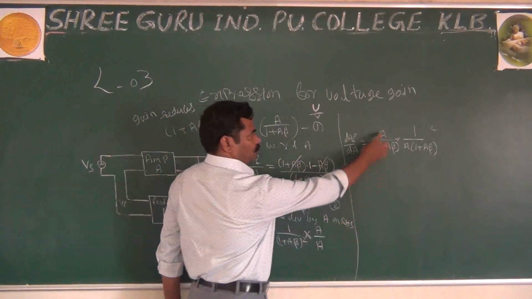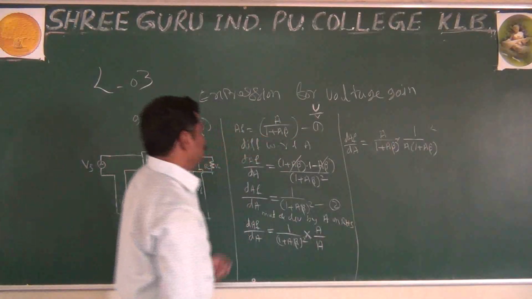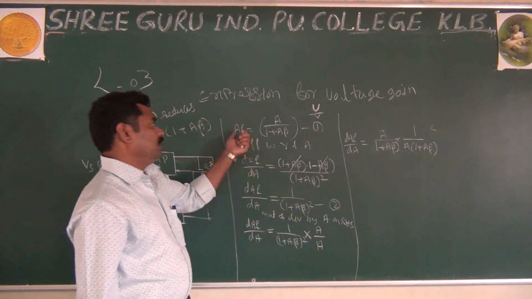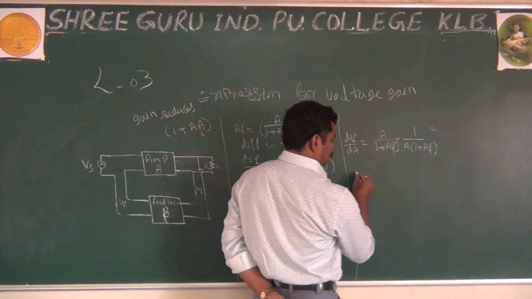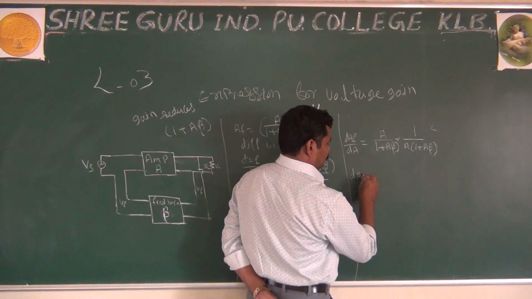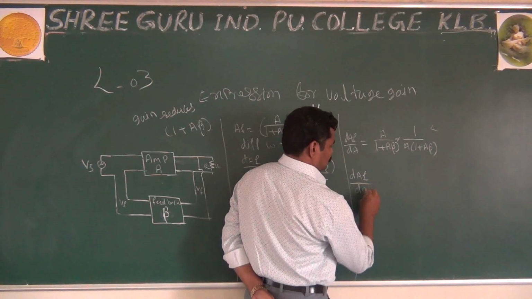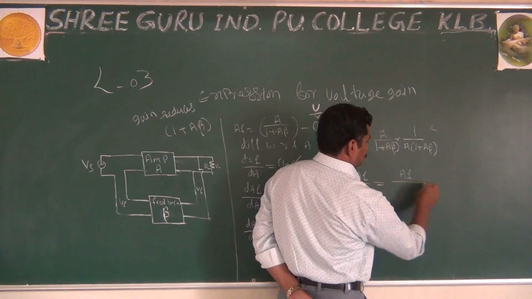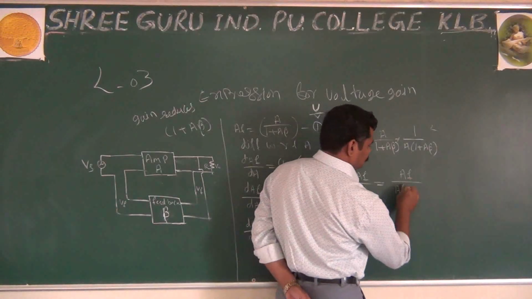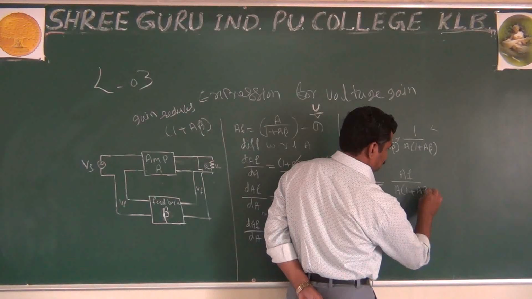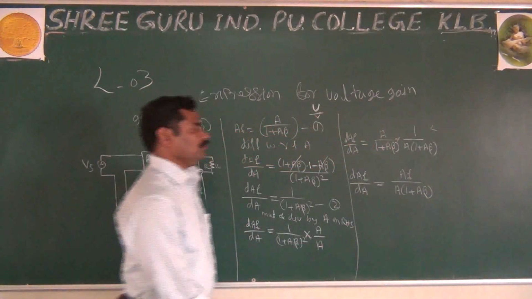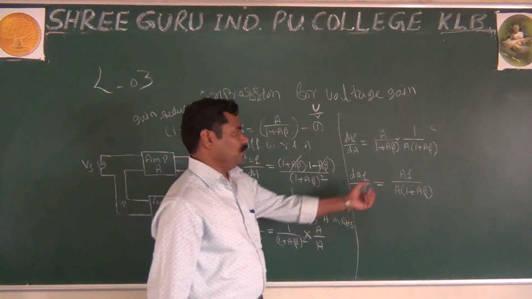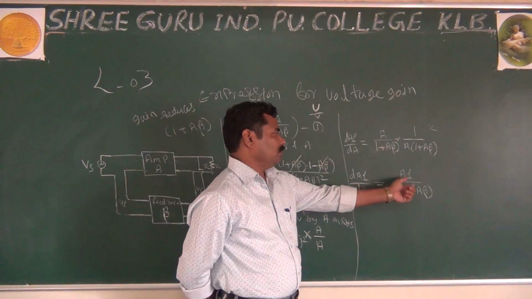That becomes, as we know, this A by 1 plus A beta is nothing but Af. That becomes dAf by dA is equal to Af by A into 1 plus A beta. Right, followed? This A by 1 plus A beta is nothing but Af.